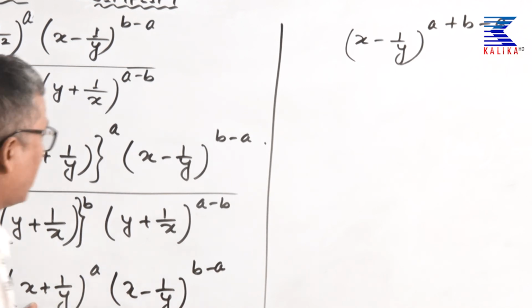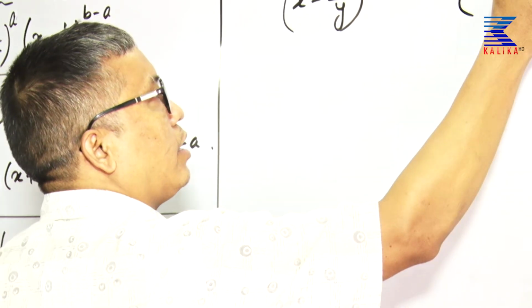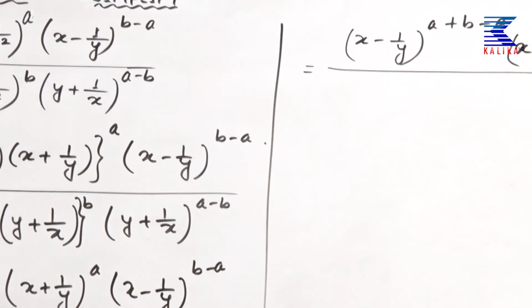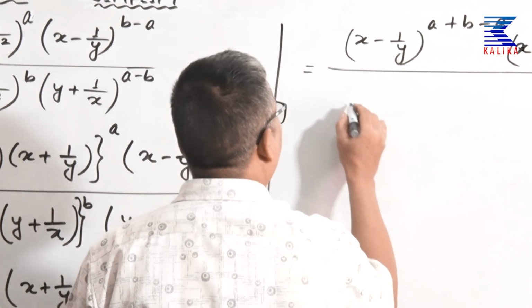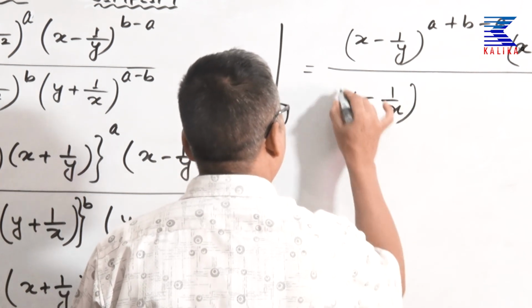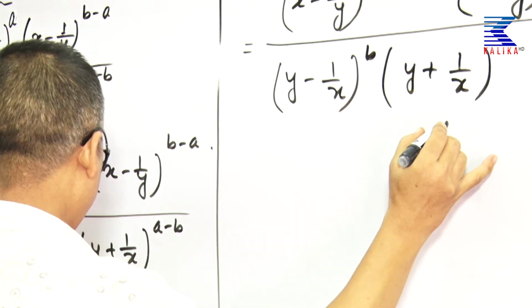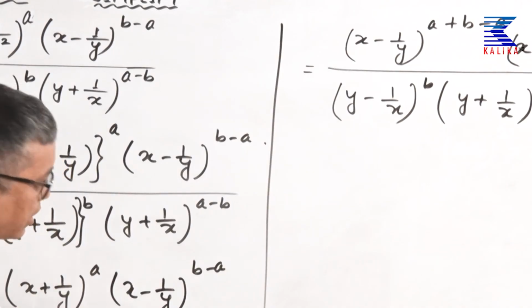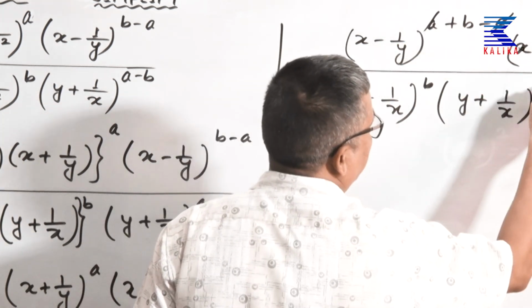And next (x + 1/y) to the power a, whole upon, and here also (y − 1/x), then (y + 1/x), (y + 1/x), the power is same, then base are same, then power will be added. Here is b + a − b. Clear? Minus a plus a, minus b plus b.